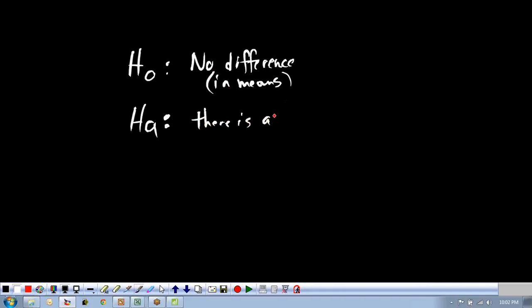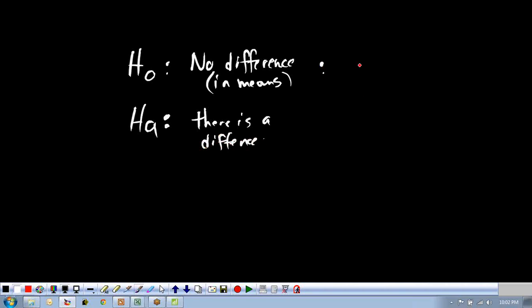We can think of the null as, there's no difference, in this case in means. But we can also test things like standard deviations. That'll come later. Let's test the means first. And the alternative would be, there is a difference in the means.